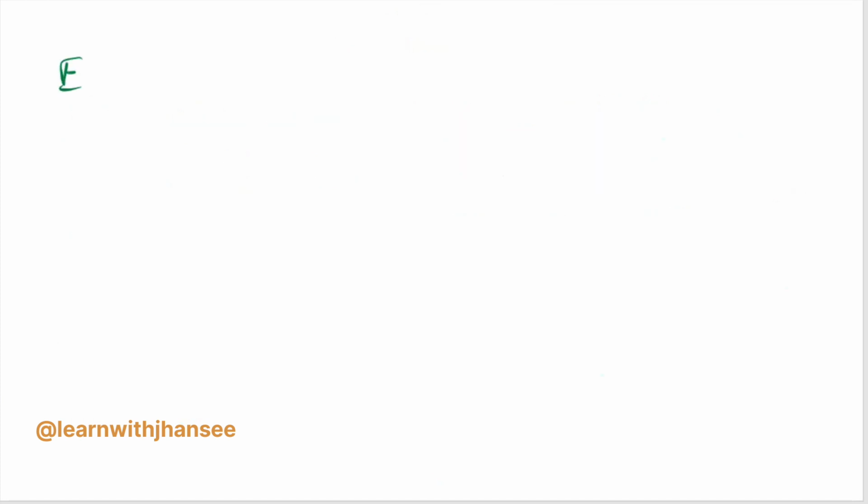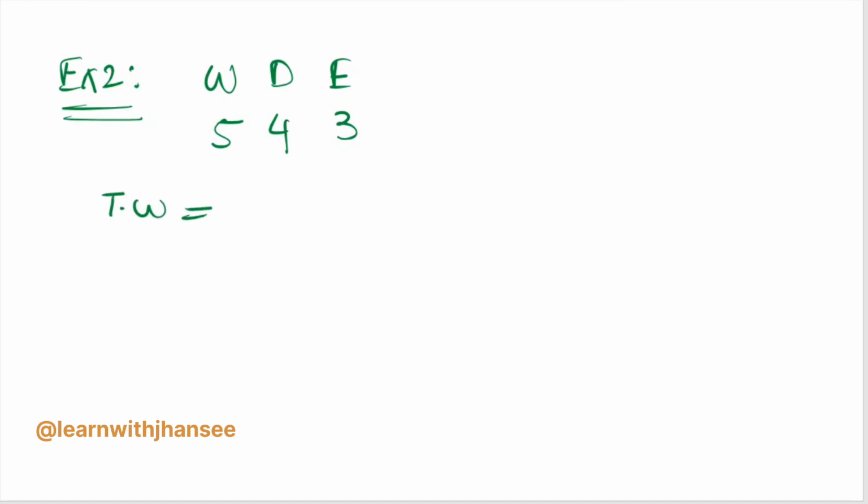Now let me give you another example for your better understanding. There are 5 women doing the work for 4 days and their efficiency is 3. How do we find the total work they have done? If the hours are not given, leave it: 5 into 3 into 4. 5 into 3 is 15, 15 into 4 is 60. So what is our formula?